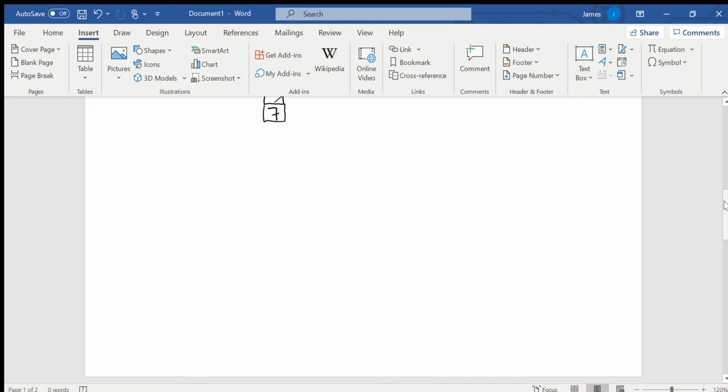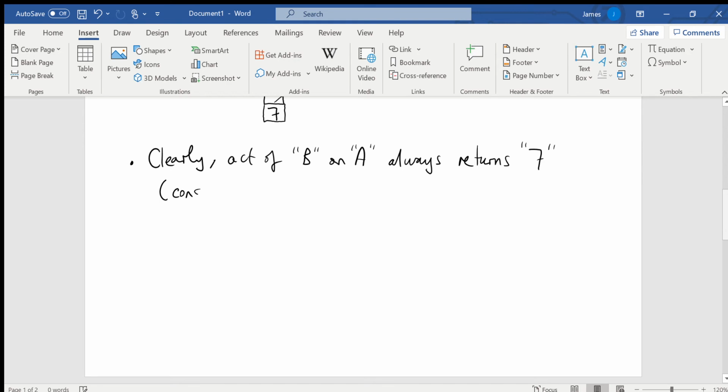Let's make a statement about that. Use that word clearly again. You should probably never say clearly. Clearly, the act of B on A apparently, from the data we have at least, always returns 7. That's the outcome. So we notice we have evidence, we have a conserved outcome to this experiment.